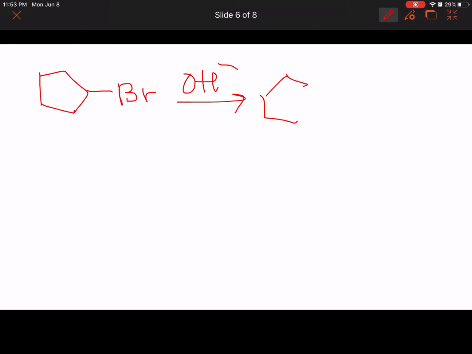So the first one is this, bromine with hydroxide forming this. Now, what do you think the mechanism is going to be for this one? Now we have a strong nucleophile.